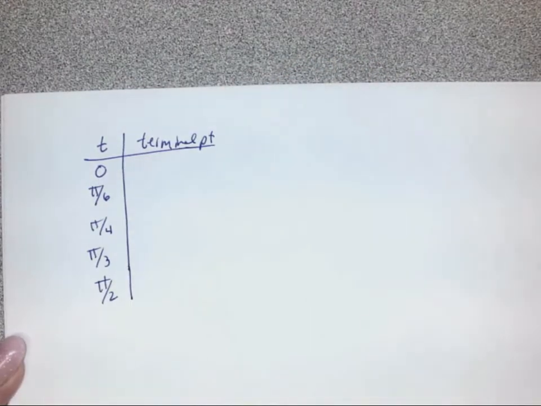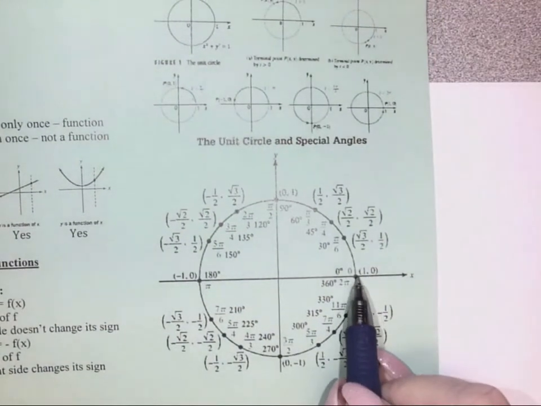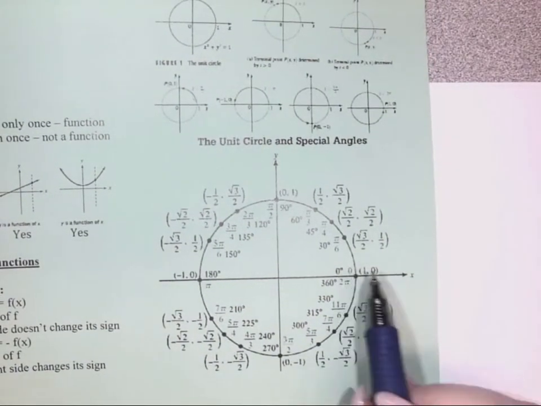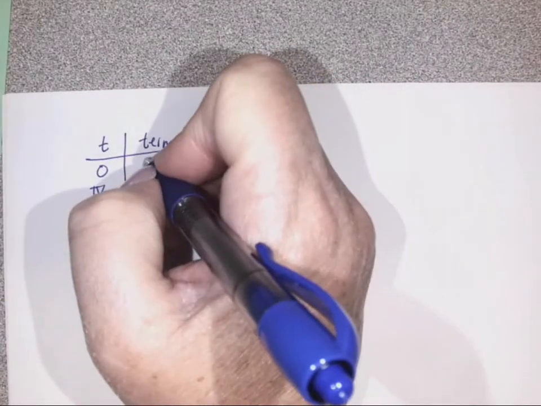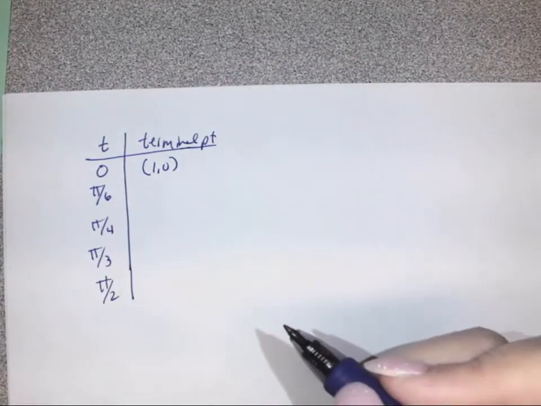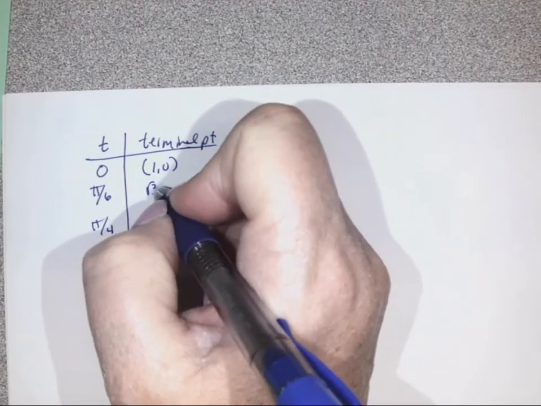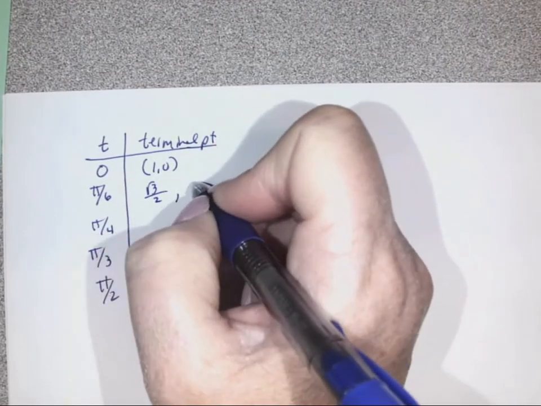So at 0, that's where we're starting out. If t is equal to 0, it hasn't moved off of our circle. So that's the point right here. This is our t equal to 0, so that point is going to be 1, 0. Pi over 6 will be the square root of 3 over 2, 1/2.